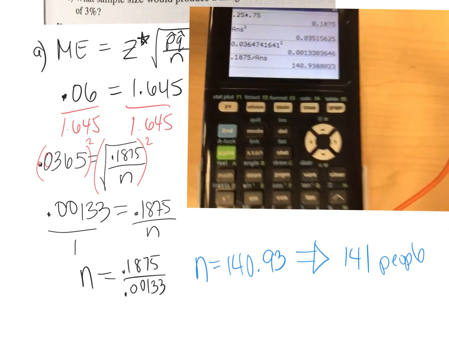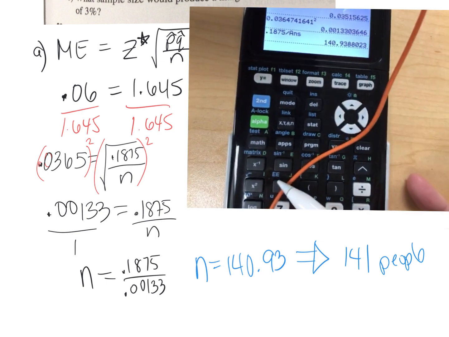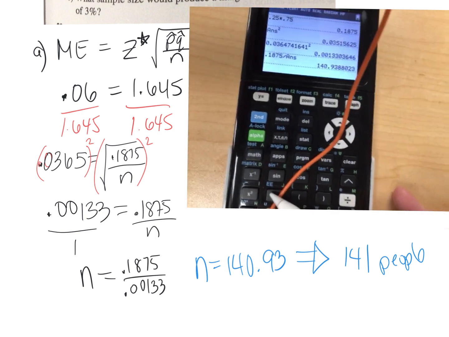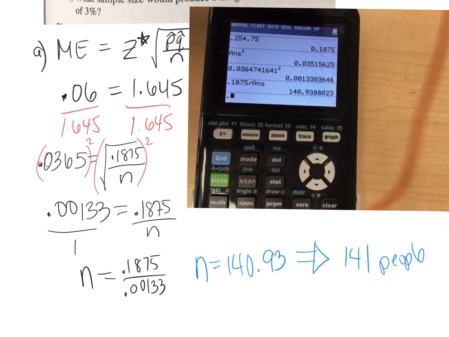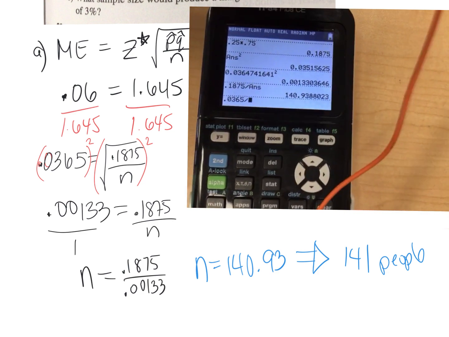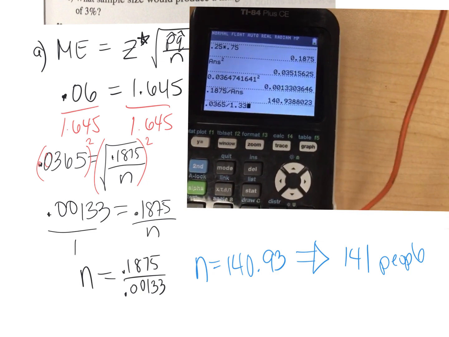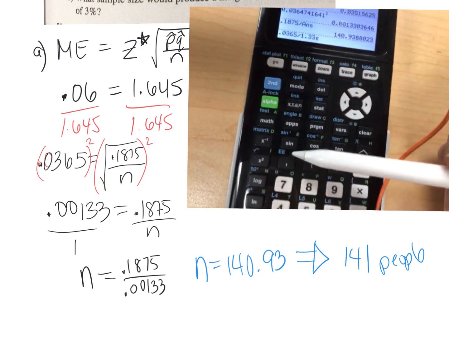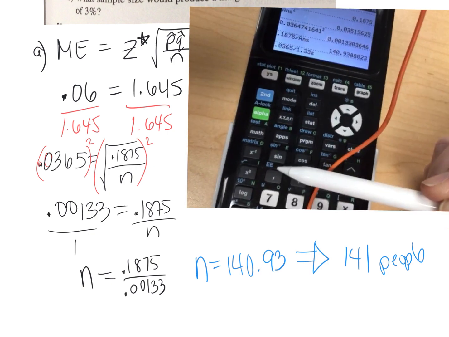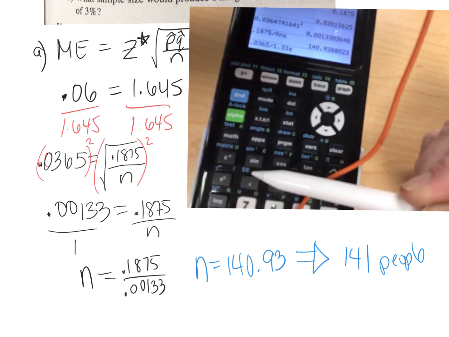Okay, now look at the, above the comma is the EE button. So if this is in scientific notation, say it's 0.0365 divided by 1.33 times 10, I do second EE, and that makes it times 10 to the power, and the calculator knows you're talking about scientific notation.